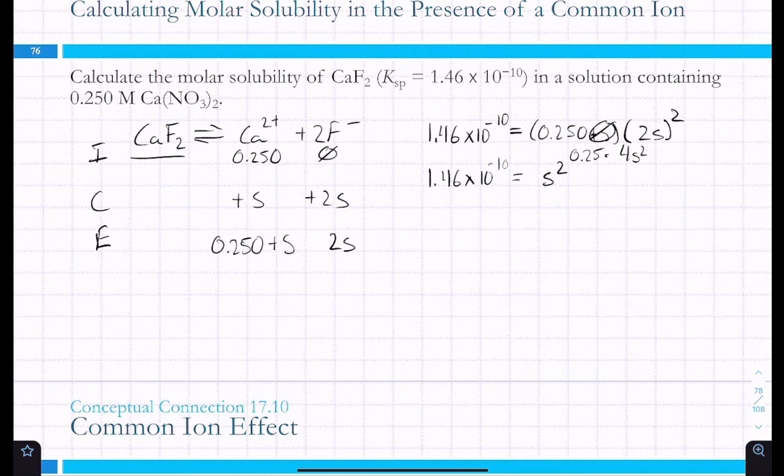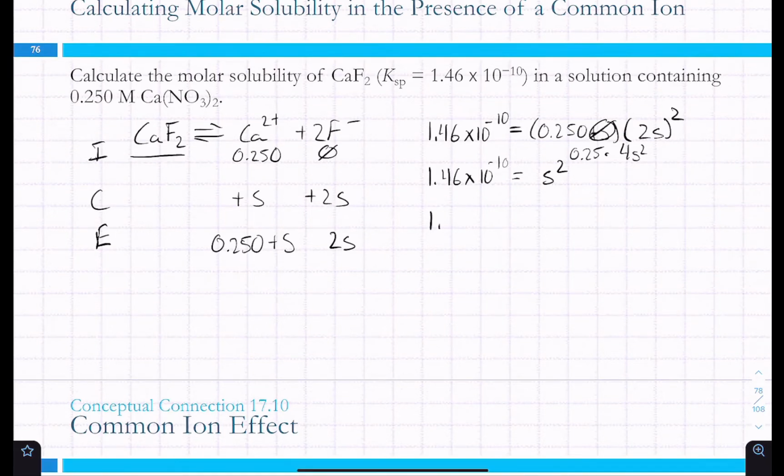So the square root of 1.46 e to the negative 10, 1.21 times 10 to the negative 5 molar equals S. Cool. Any questions so far? No? All good.